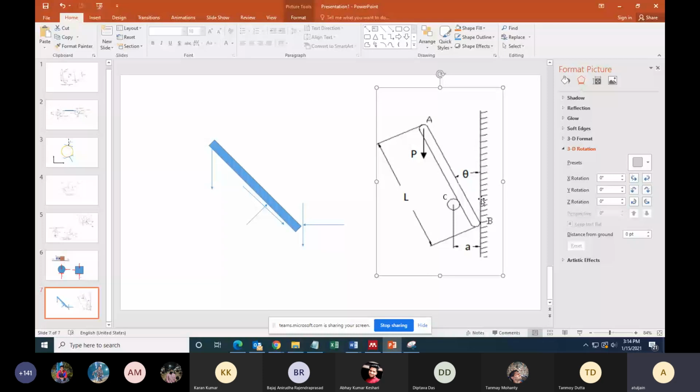If B has a tendency to go up, friction at B is in this direction. Now, if B is going up, then what is the relative motion with respect to C? Relative to C, what is the tendency of motion?